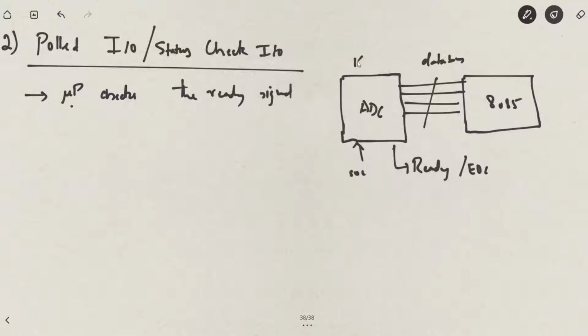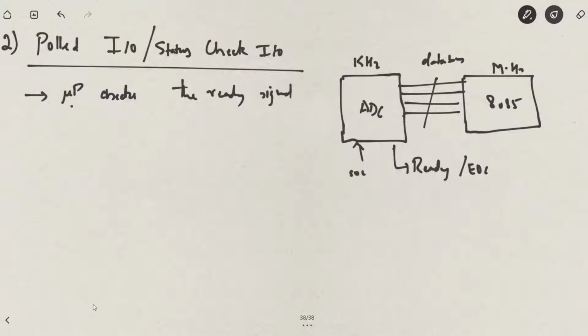The case may be that the ADC has a clock frequency of some kilohertz, while this 8085 microprocessor has a clock frequency of 3.24 megahertz. So interfacing this ADC with the microprocessor means we need to synchronize the ADC with the 8085. It will take time for the ADC because it's running slower as compared to the 8085 microprocessor. It will take time to get ready.